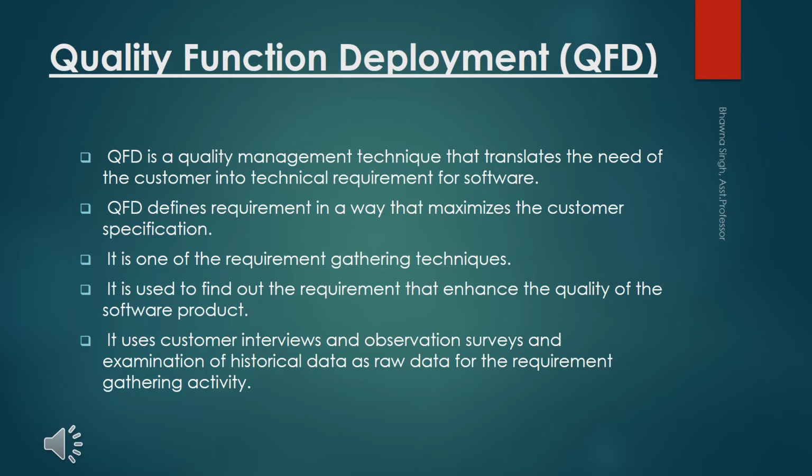And in this process they gather all the requirements from the customers and then convert these requirements into technical specifications that they can use in the development process. So basically QFD starts with collecting all the requirements from the customers by conducting interviews or surveys, and then these observations or requirements are converted into technical specifications.